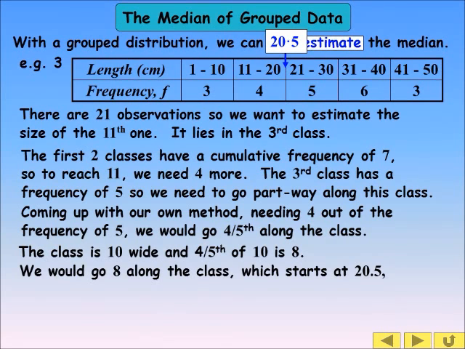The highest of the second class is 20.5 and the lowest of the third class is 20.5. So what is the highest of the third class in this table? Yes, the highest of the third class is 30.5. Good, you are excellent.